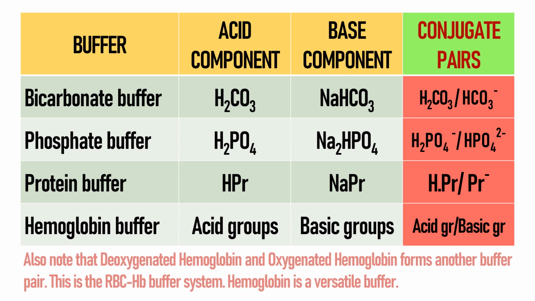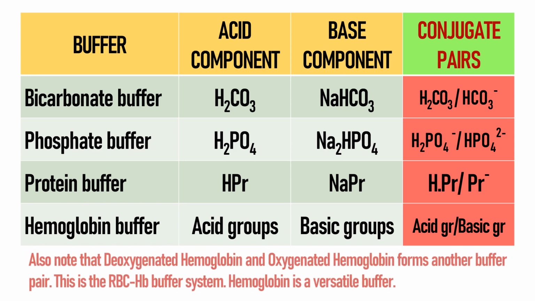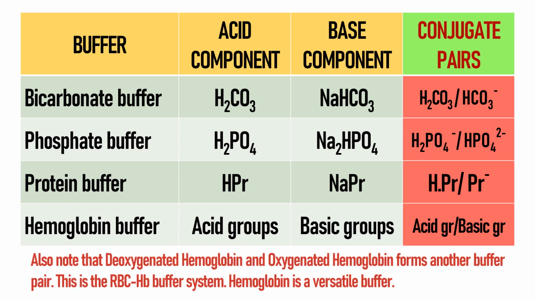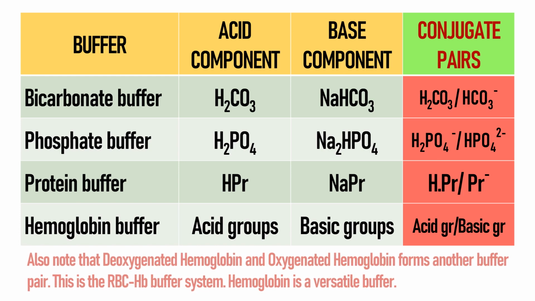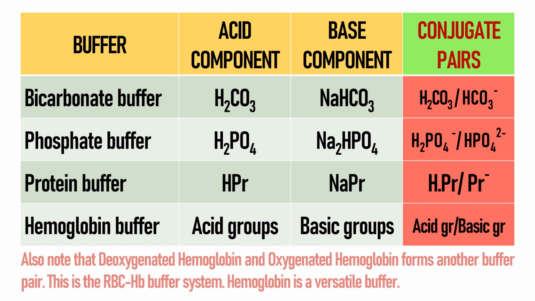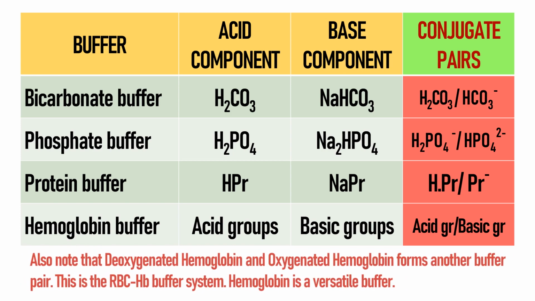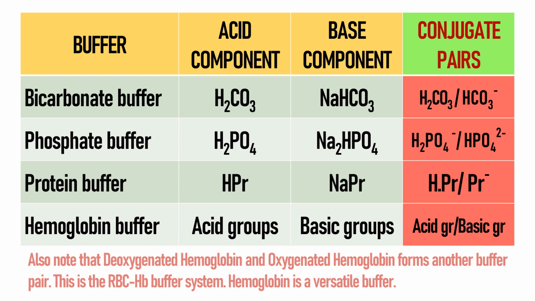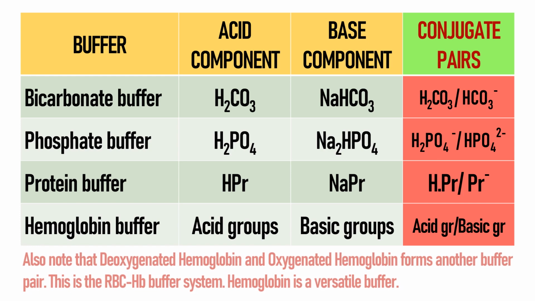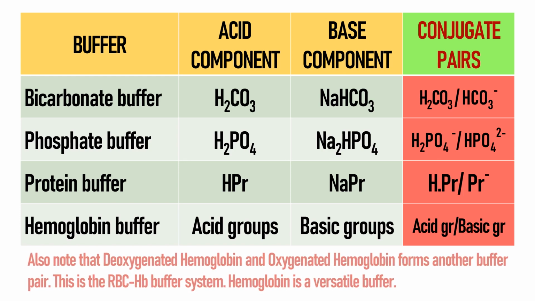Protein molecules, being negatively charged, can also quench hydrogen ions, and so can form buffers. Hemoglobin can act as buffer because when pH becomes acidic, it can bind to excess protons. Hemoglobin releases protons when pH becomes alkaline. In fact, hemoglobin can bind with both carbon dioxide and protons.